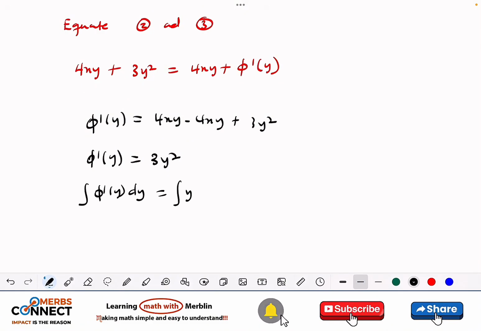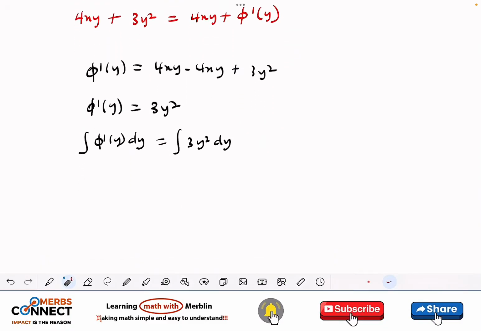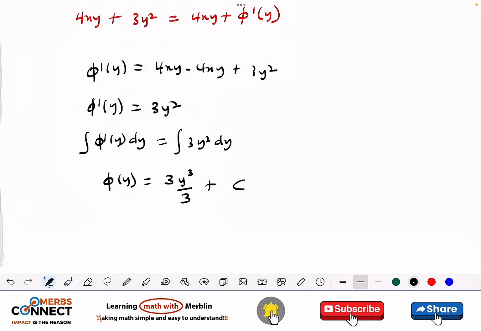When I integrate this, this one will come with just the phi, and integrating this is going to give us 3y cubed divided by 3 plus, now you see that the function here is in terms of only one variable, which is y. So now we can add a constant.